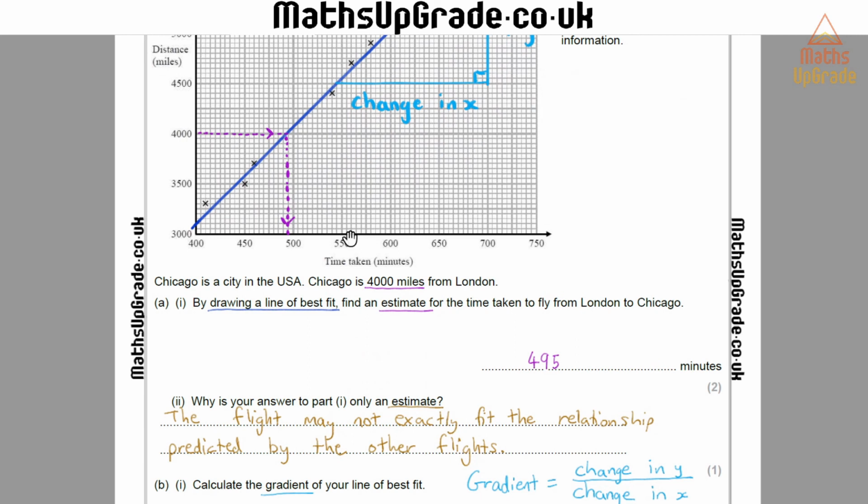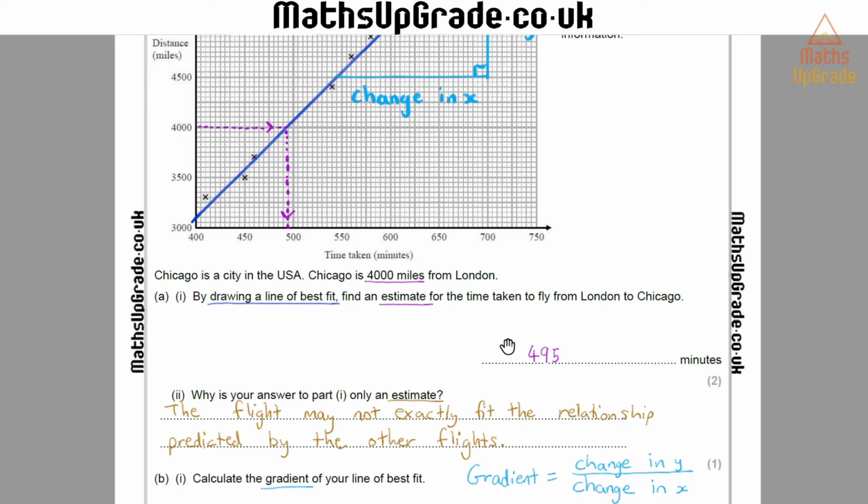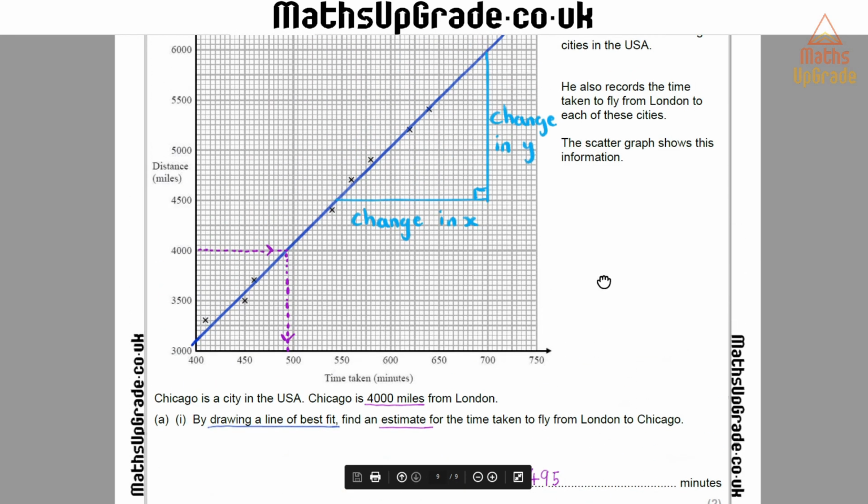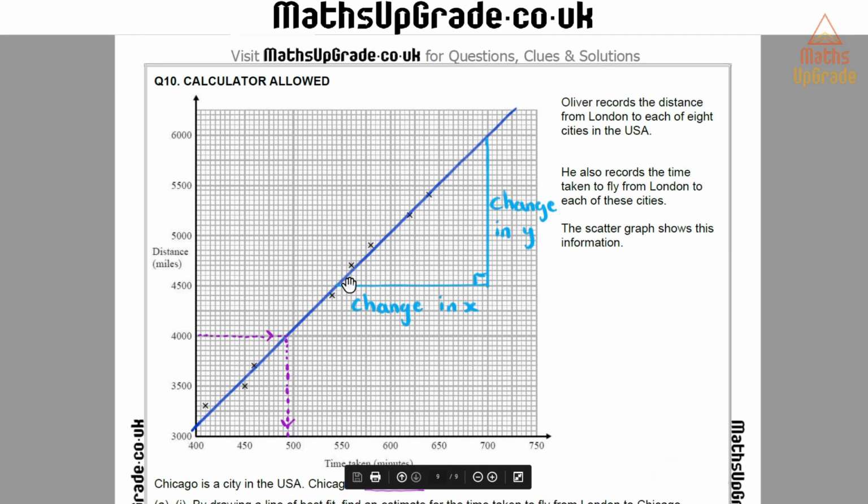Part B. First of all, find the gradient given by the line of best fit. If you're not sure on how to find gradient, be sure to check out my video on this channel. Gradient is essentially given by the change in the y distance divided by the change in the x distance. So I need to draw a right angle triangle anywhere underneath the line. I can draw it as big or as small as I want to. Best to draw it as big as you can, that makes it more accurate.